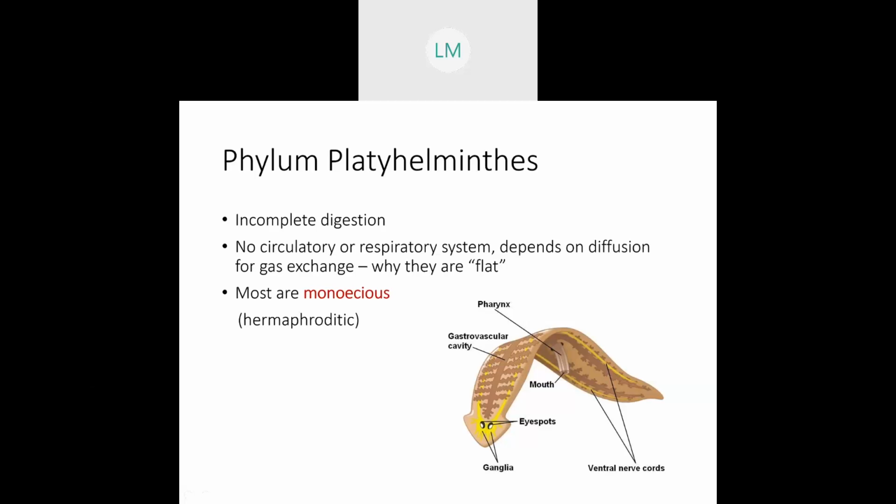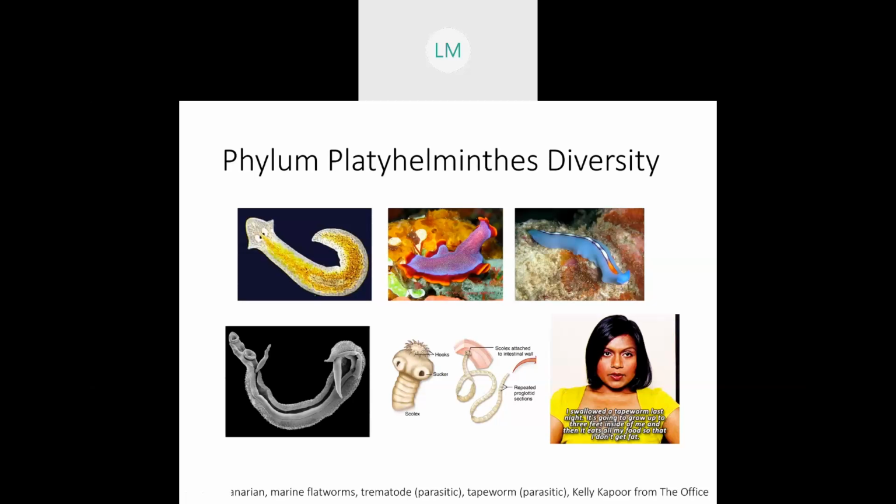Pretty interesting stuff. So here's some of the diversity that we see in phylum Platyhelminthes. This is a planarian here, one of our free-living flatworms. These 2 colorful ones here are some marine flatworms that we have. So we see some really brightly colored organisms in the marine flatworms.